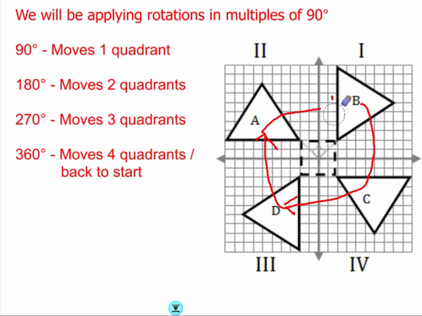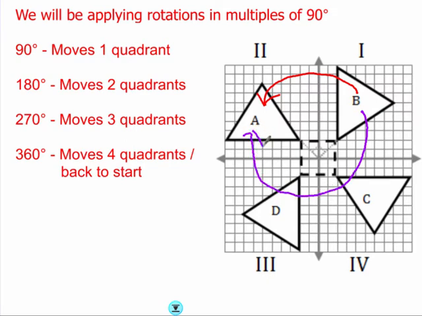And they can go in either direction. So if I say moved 90 degrees counterclockwise from B, well, that's 90 degrees, and it makes it one quadrant, and it's counterclockwise. That puts me at A. Right? Notice that that is the same thing as if I went 270 degrees clockwise.